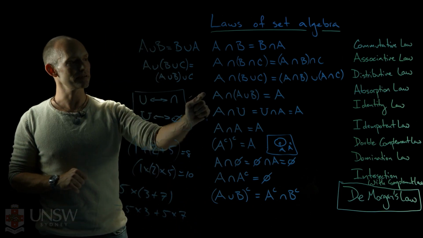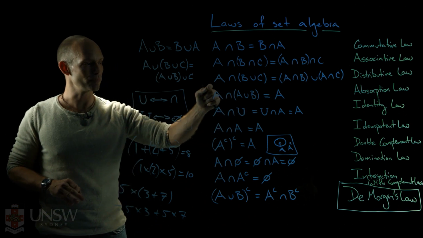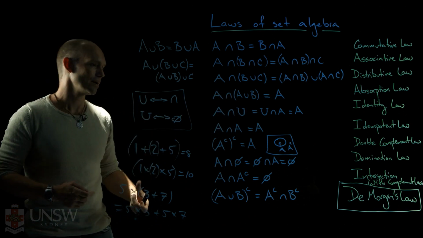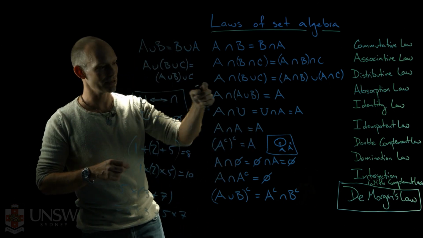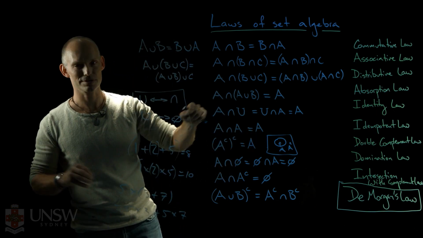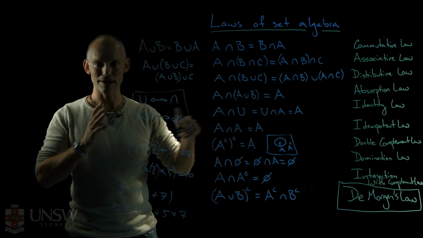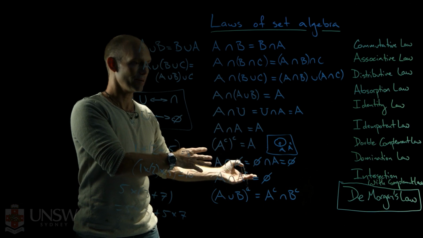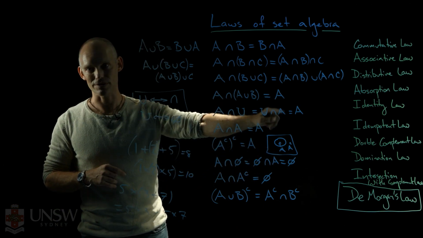It says that if you take the intersection with the union of A with some other set B, you're back to A. And that sort of makes sense if you think about it, but out of all these laws, this is one of the slightly more exotic ones. So if you start with A and you add something by taking the union with B, but then you restrict it back to A by taking the intersection with A, then you're back to where you started.